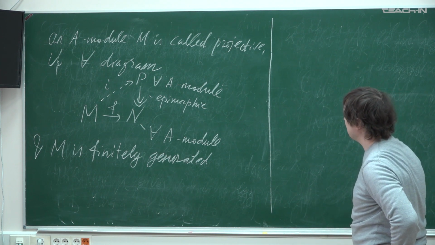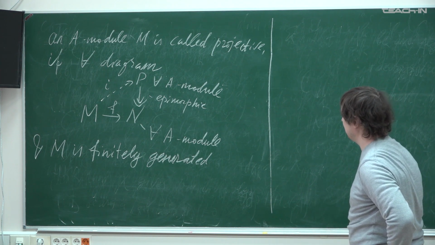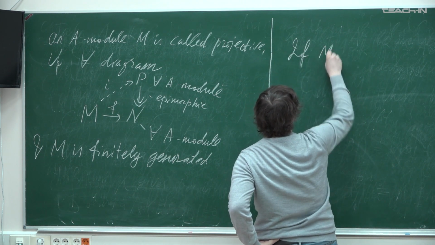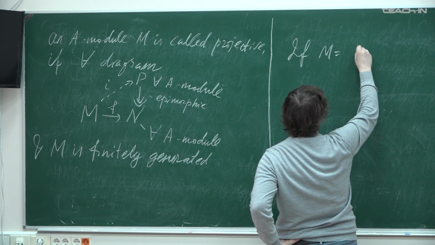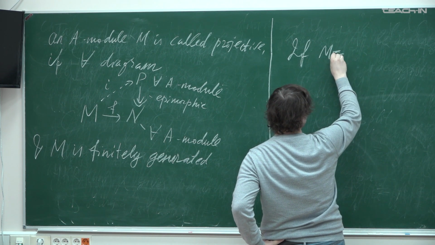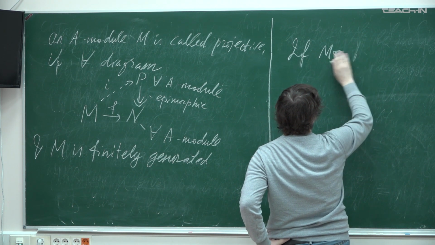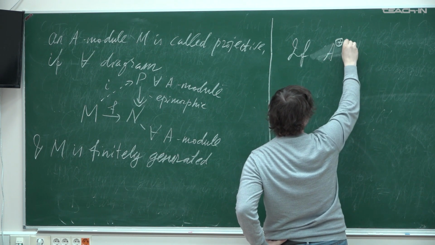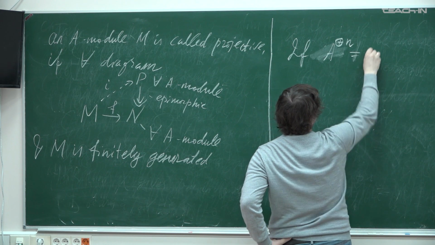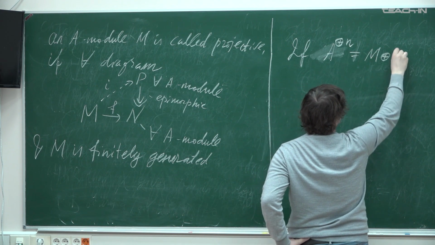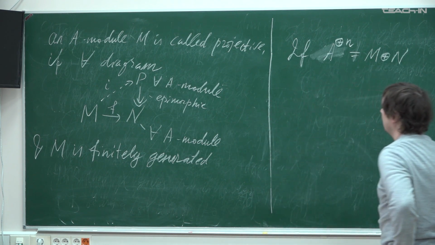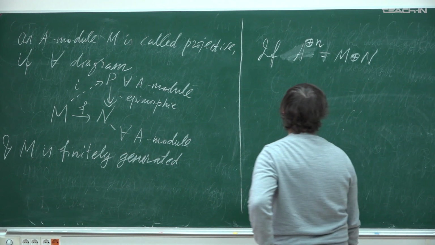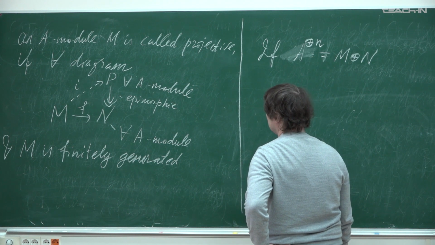Let us briefly show that these two notions are in fact the same. So for instance, if M is equal to some submodule of the direct sum of this free module, what do we do?